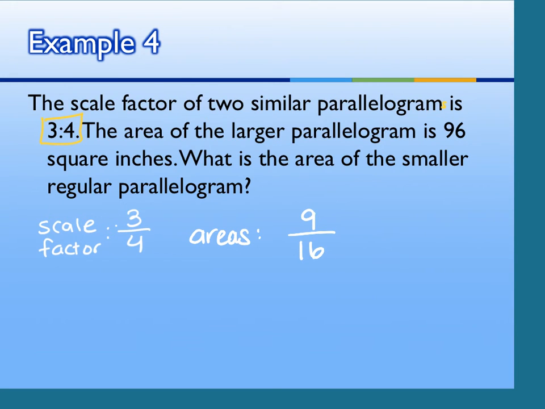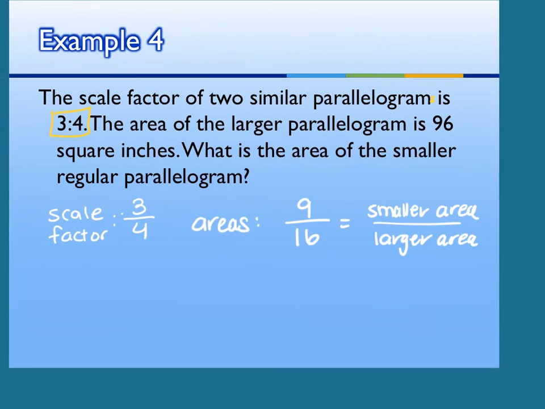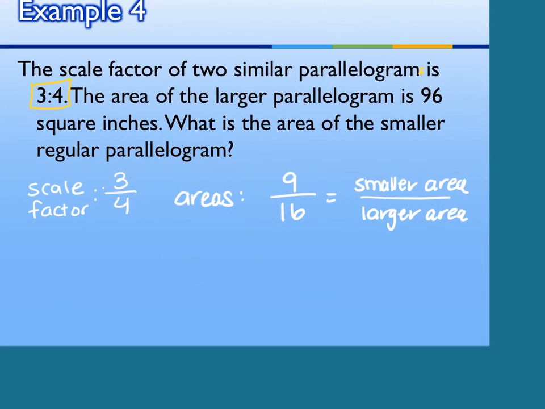So now the area of the smaller one's going to go in the top, smaller area over larger area. You're going to know one of those, and we have to go back to what we were given to see that. This says larger parallelogram is 96. So I'm going to say 9/16 equals smaller is X, larger is 96. And then just cross multiply and divide.